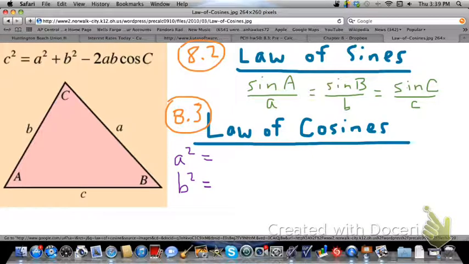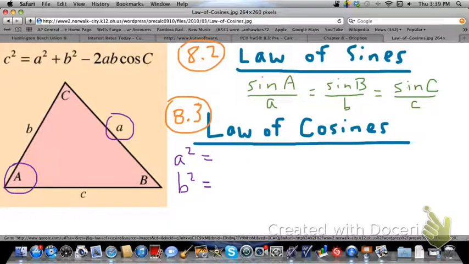But just to review the law of sines, looking at this triangle here, I want you to notice a couple things. Normally we label the triangles with capital letters that represent the angle measures, and lowercase letters for the sides.